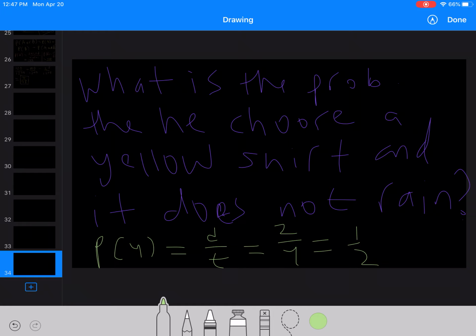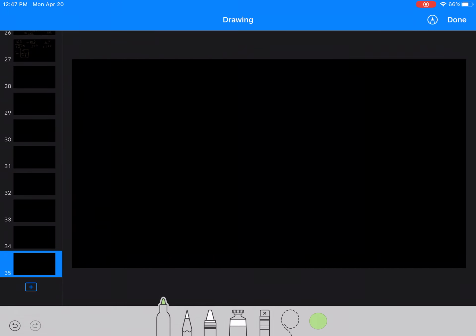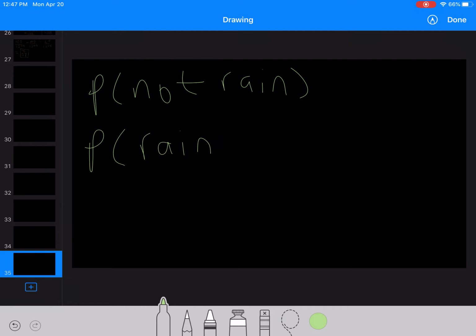Okay. Now let's figure out the probability of not raining. So this is like the complement of raining. So let's just find the probability of rain first. Okay, this is what we want, but we need to kind of go backwards a little bit here. So the probability of rain is 2/5. Okay.